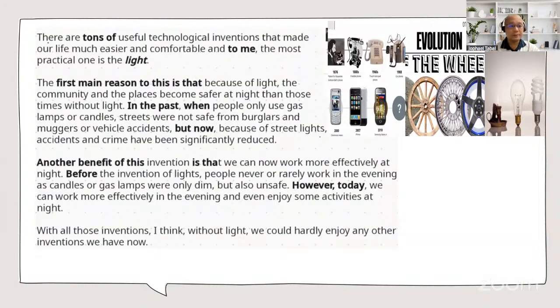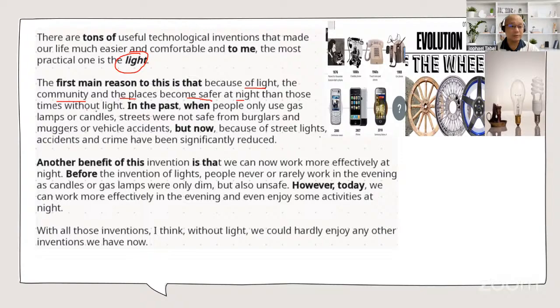Here, for example, it says there are tons of useful technological inventions that made our life easier and more comfortable. And to me, I chose lights. The first main reason is that because of lights, the community and places become safer at night.